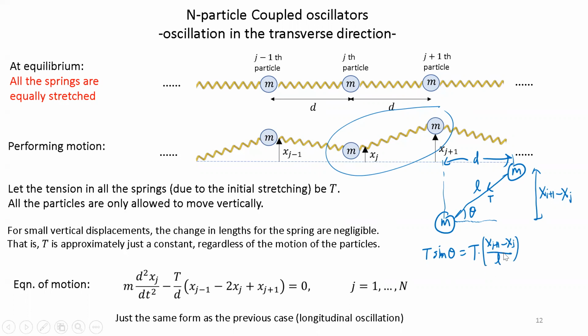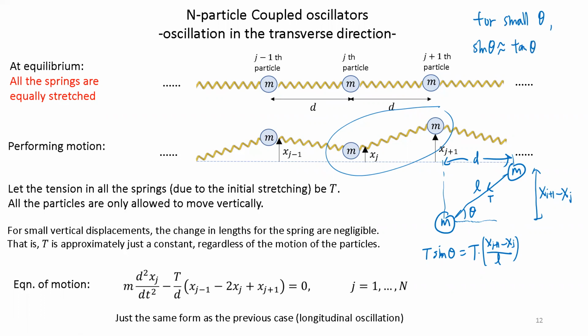Now we'll make approximations. The first approximation that I'm making is that this theta has to be small. That's why this picture is not a good one. So imagine that theta is small. In that case, for small theta, sine of theta is approximately equal to tangent of theta.